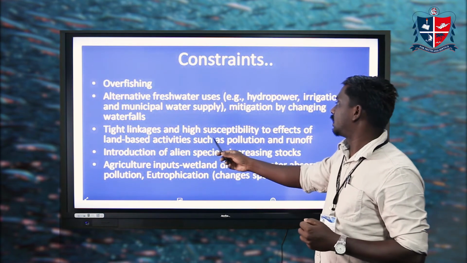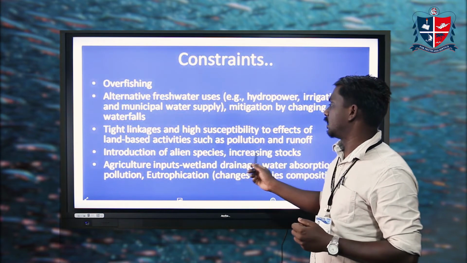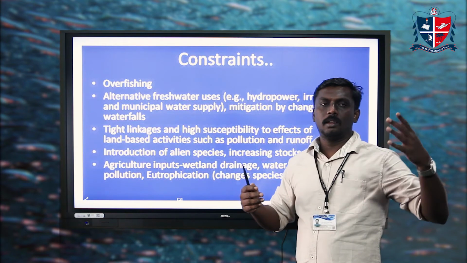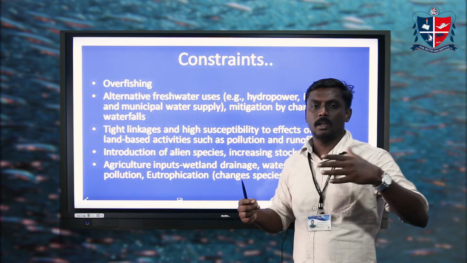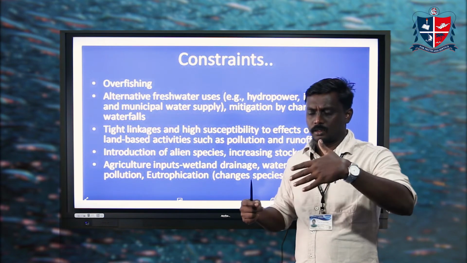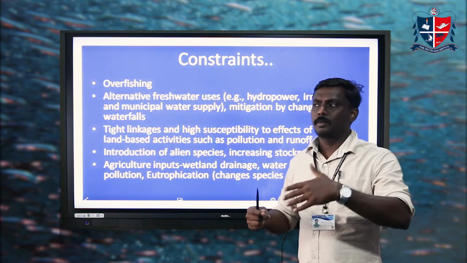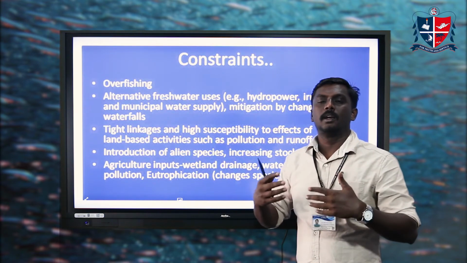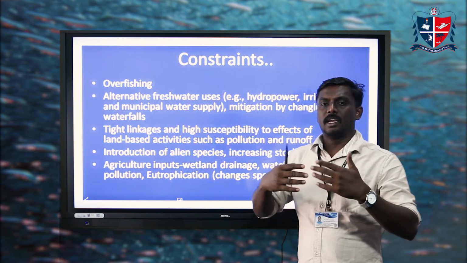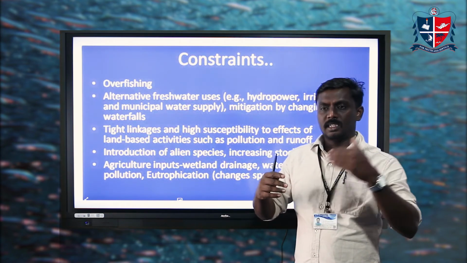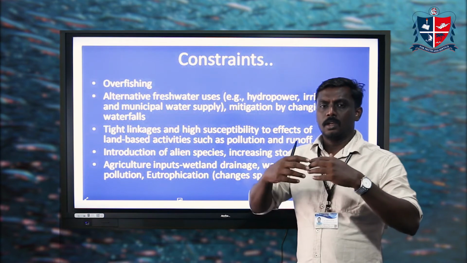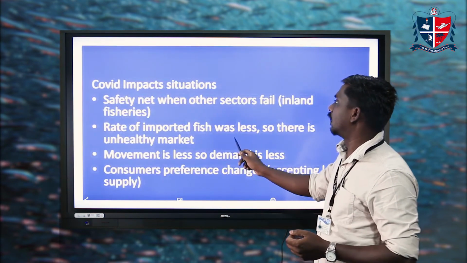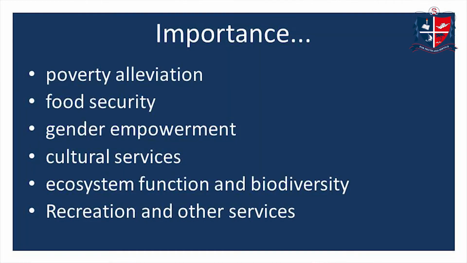And introduction of alien species is also a constraint. Alien species means, for example, piranha species introduced into our coastal area. The alien species will cause the traditional or indigenous fish to reduce in level. That is another problem concerned with inland constraints.